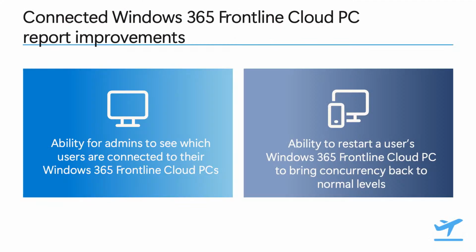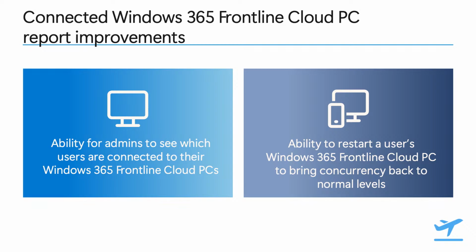Now, let's switch gears and talk about improvements we're making to our frontline reports, specifically the connected Frontline Cloud PCs, also known as the Concurrency report. This report is used by endpoint admins to monitor the max concurrency thresholds of their fleet of Cloud PCs. Today, admins can manage concurrency for entire Cloud PC types in their tenant, as well as individual group assignments within their provisioning policy.